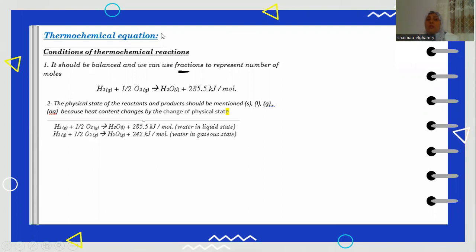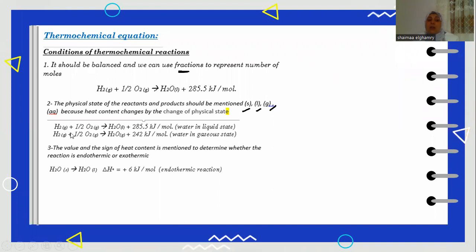Also, we should write the state, whether it is solid, liquid, or gas. Why? Because the heat content for the same substance is different from one state to another. So for example, water has a heat content in liquid state different from the heat content in gaseous state, and so on. So we should write the state of matter in the thermochemical equation.